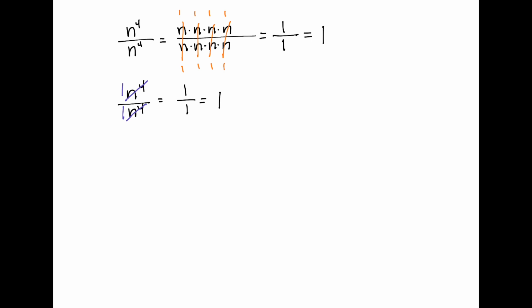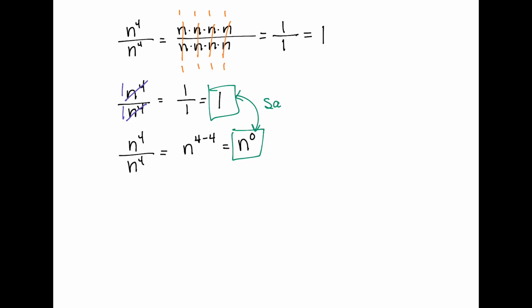Okay, now, using the rule that we learned before, we can subtract exponents. So 4 minus 4 is 0. Since this is the same problem as this, that means these have to be the same.